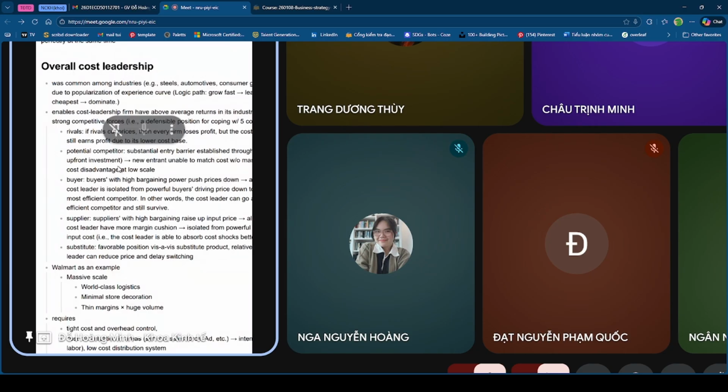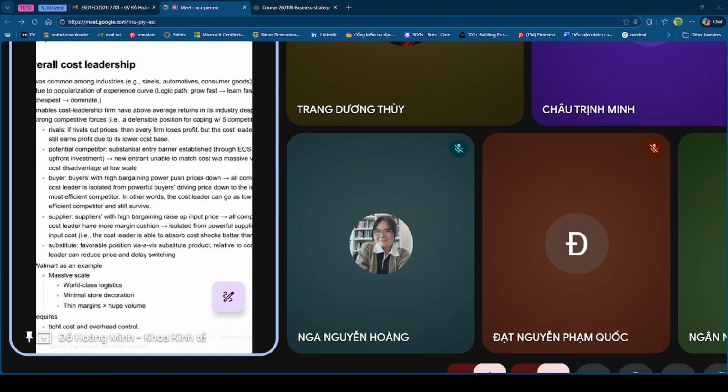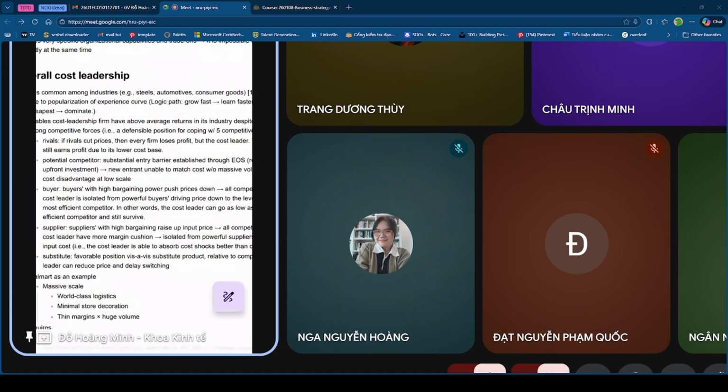Because this is a lose-lose game, not a win-win game. However, if the firm has the lowest cost structure, the firm still can earn a profit even when the other competitors suffer a loss. That is the first competitive force.